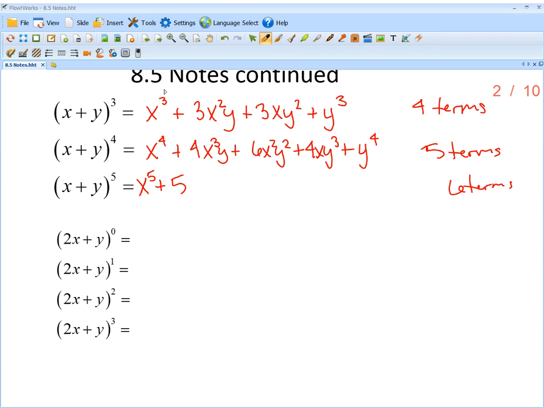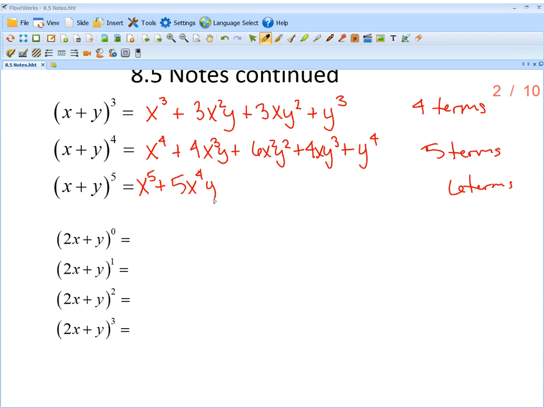What's going on with our x's is that it's constantly decreasing by 1. So here we had x cubed, x squared, x, no x. And on the other hand, our y's are doing the opposite. They're increasing. No y's, 1 y, 2 y's, 3 y's. So now I had x to the 5th, so this will be x to the 4th.